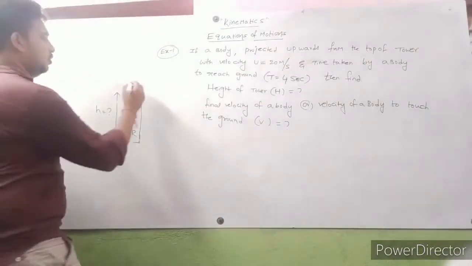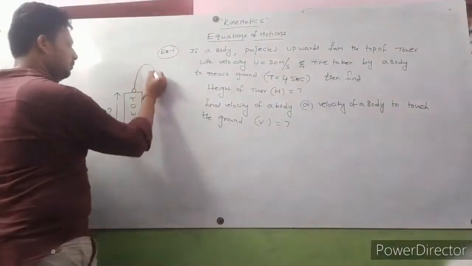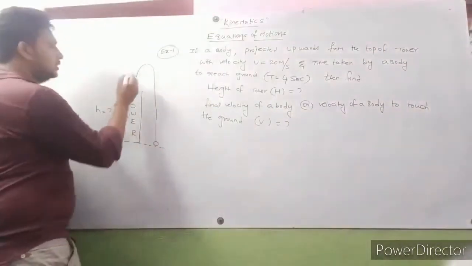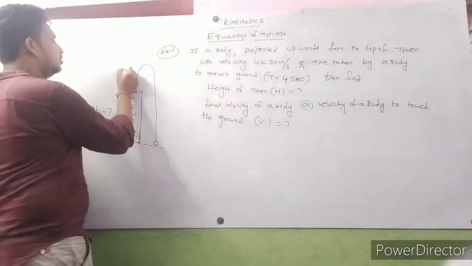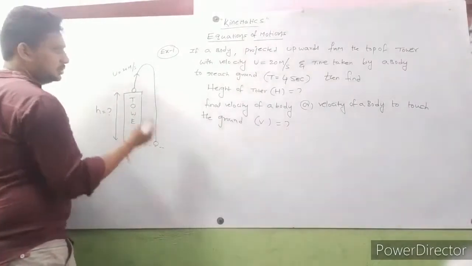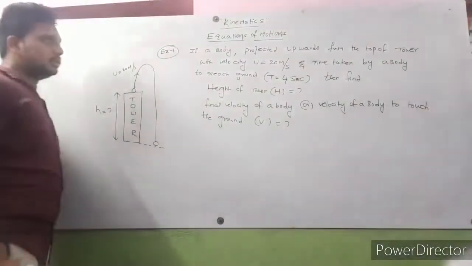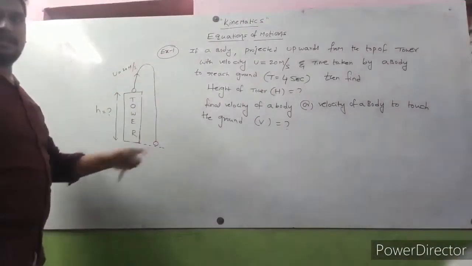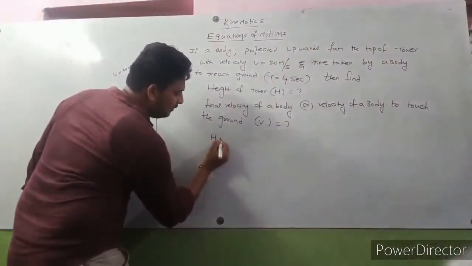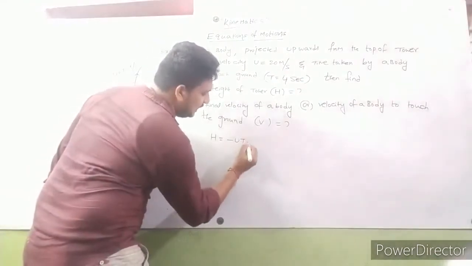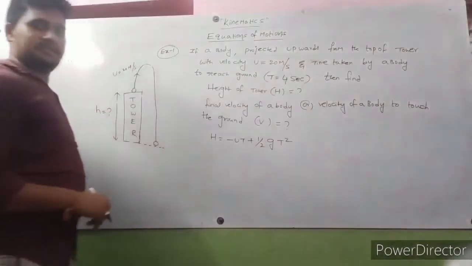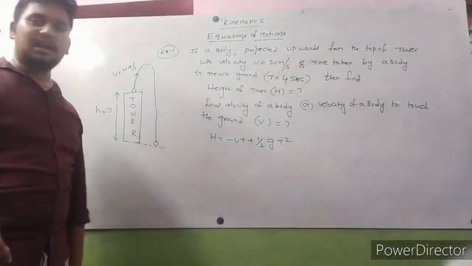So we projected a stone upwards, and it reaches the ground with velocity u is equal to 20 meter per second, and the time taken to reach the ground is already given, t is equal to 4 seconds. Time of ascent plus time of descent, the time of flight is given. So now how to find it? Apply the formula h is equal to minus ut plus half gt square. We apply this formula, we get the height of the tower.